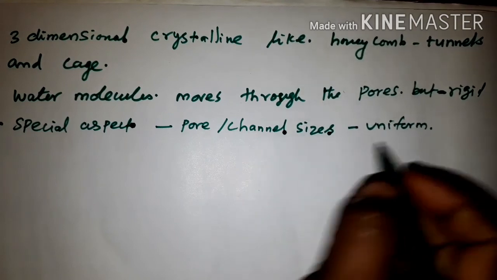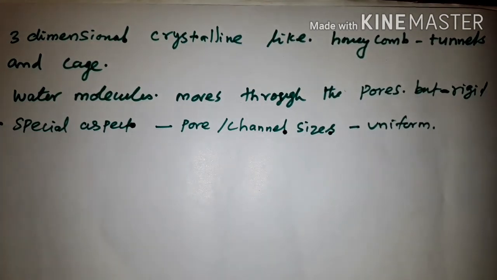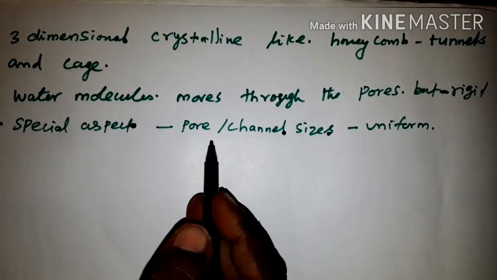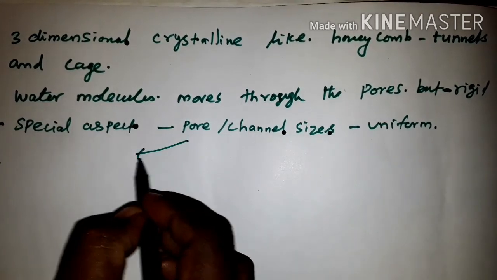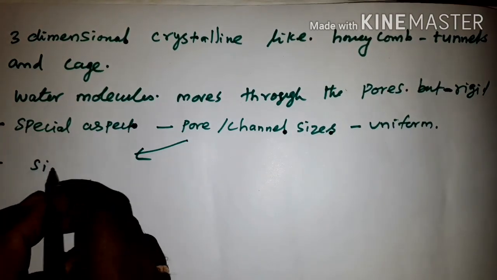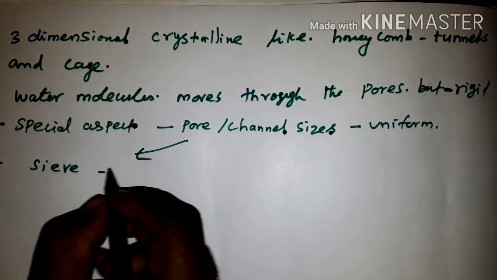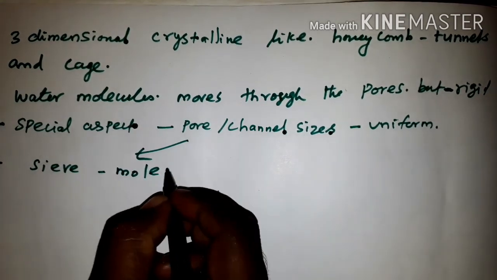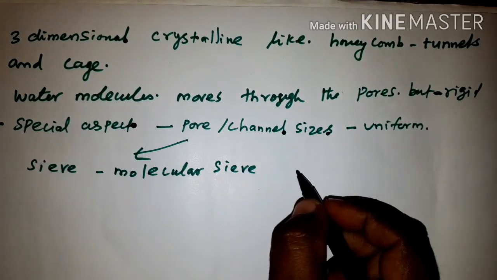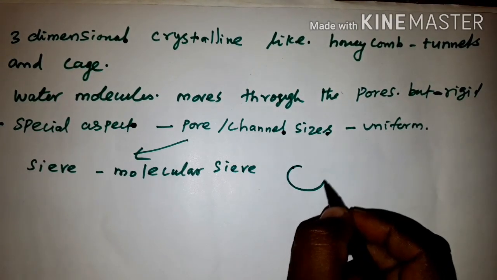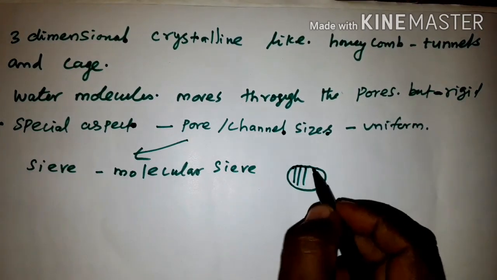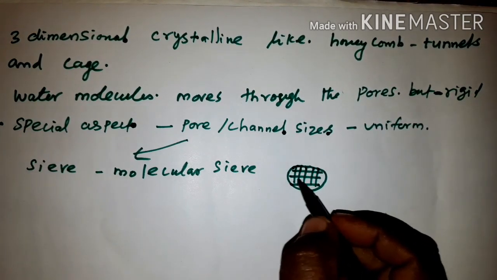Because of this uniform pore or channel size, it acts as a sieve, so you can say a molecular sieve. Sieve means like a filter. We usually use filters to separate solids. This is called a sieve.